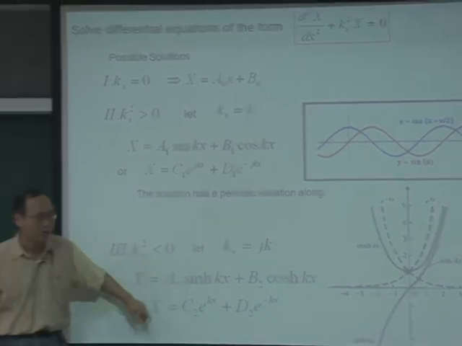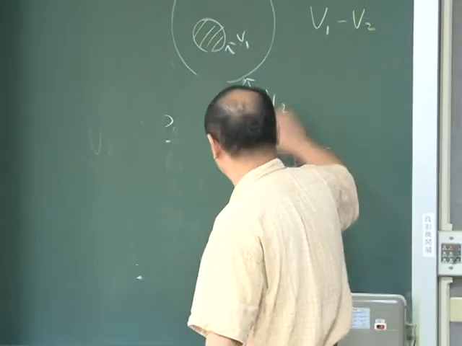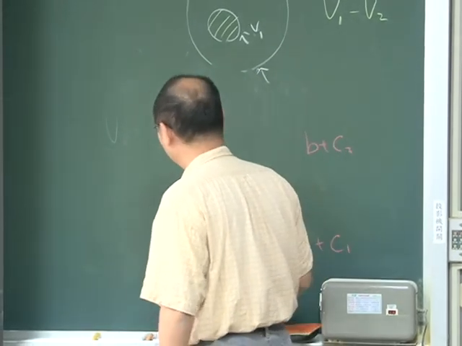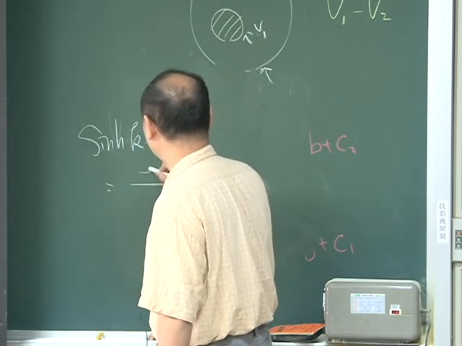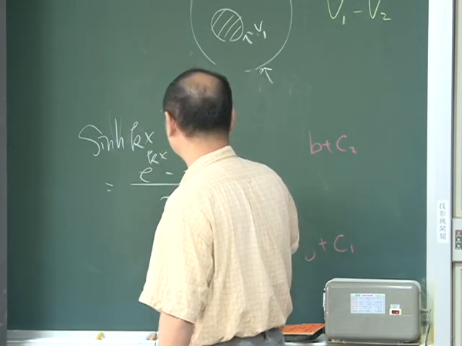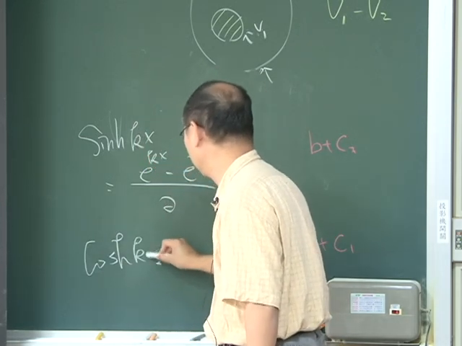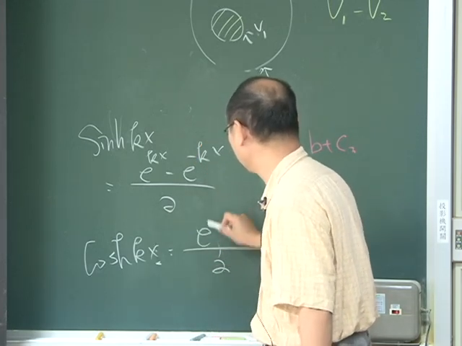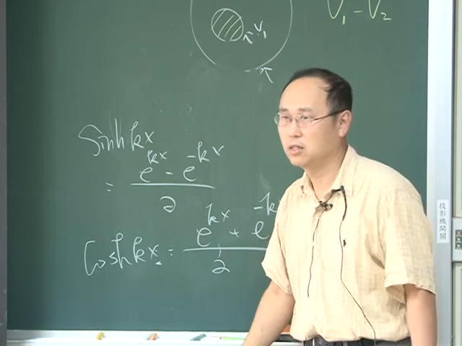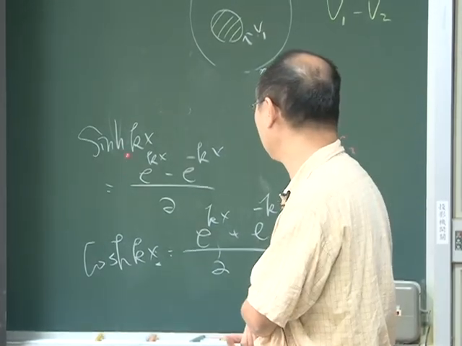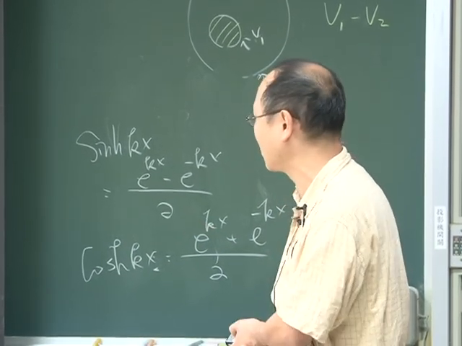OK，你知道 sinh 跟 cosh 的式子，right？You have sinh kx. This is 1/2 exponential kx minus exponential minus kx. You have cosh. Then you have 1/2 exponential kx plus exponential minus kx. Okay, so you can decompose this sinh and cosh into exponential kx and exponential minus kx.